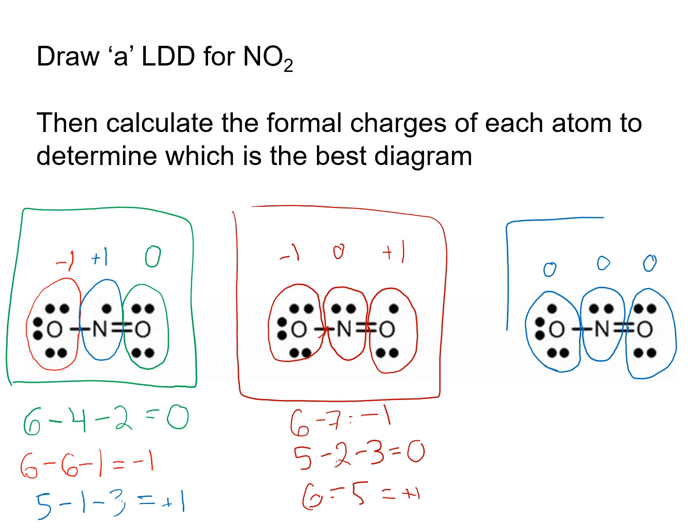So of the 3 structures, this one at the end has 3 zeros as its formal charges, so it has more formal charges closer to 0. So that is the best structure. The other ones are still done following the Lewis rules, but they're not as stable as this one at the end here.